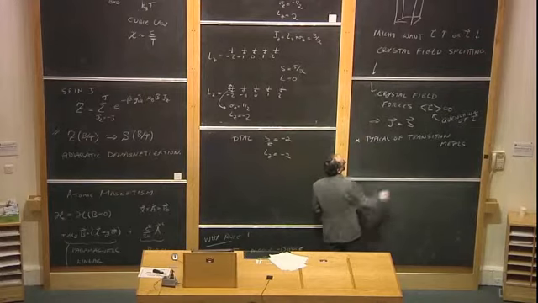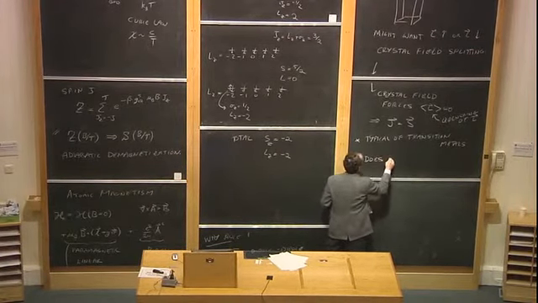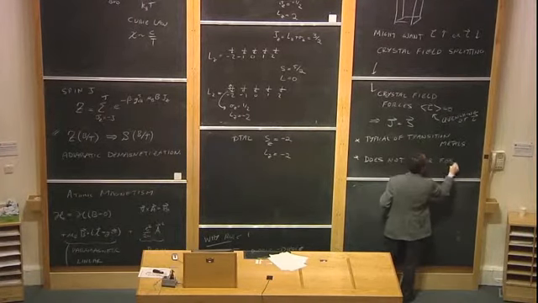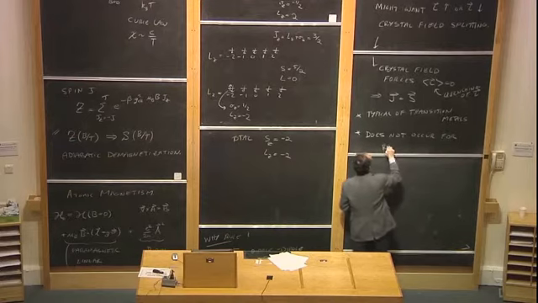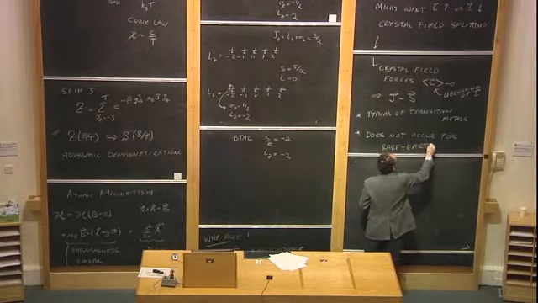It's typical of transition metals, but does not occur for rare earths, the lanthanides and actinides.